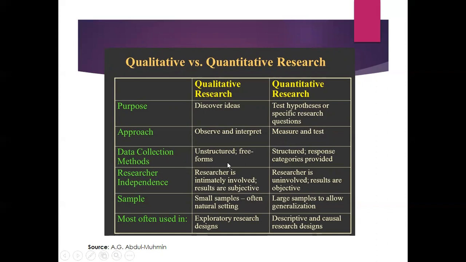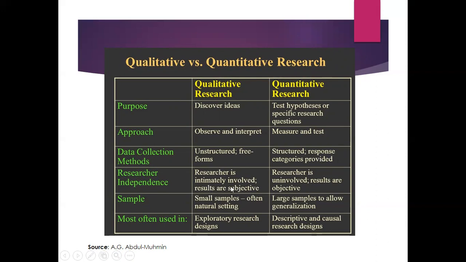Data collection methods, qualitative is unstructured and free, whereas quantitative, it is structured. All right, so if it's environmental sampling you're doing, you clearly know what parameters you're going out to collect. If it's a questionnaire survey, you will use a structured, oftentimes close-ended questionnaire survey.